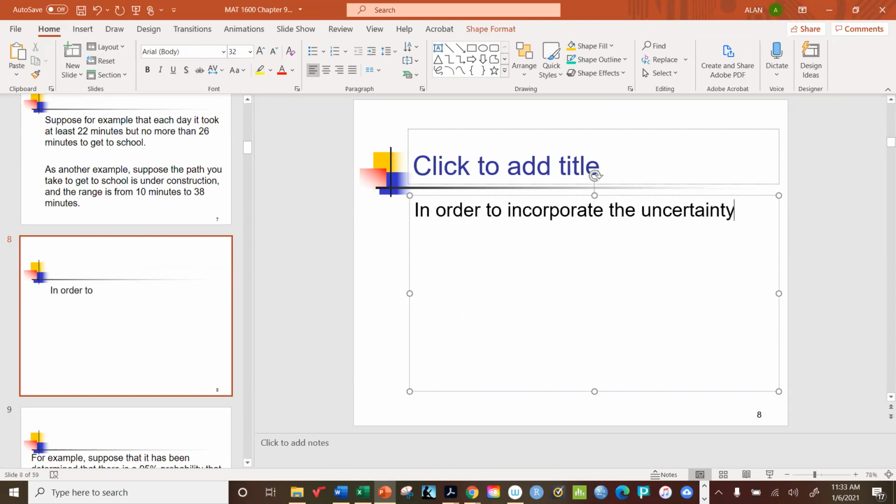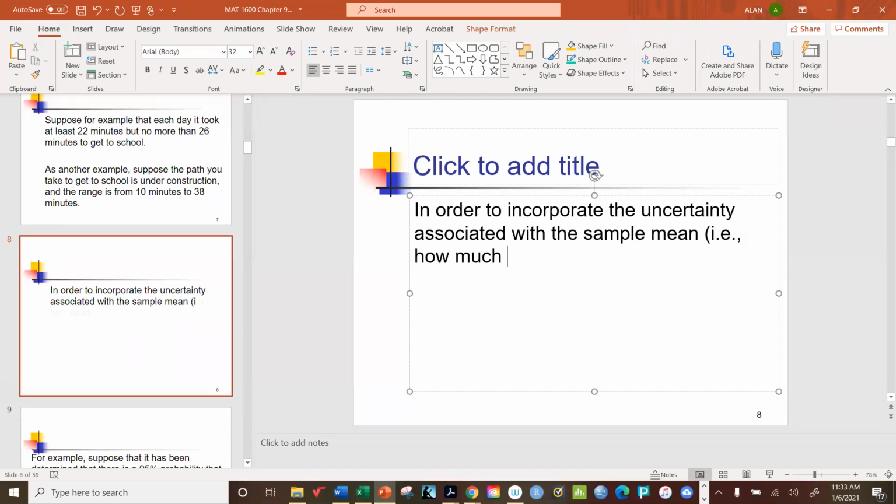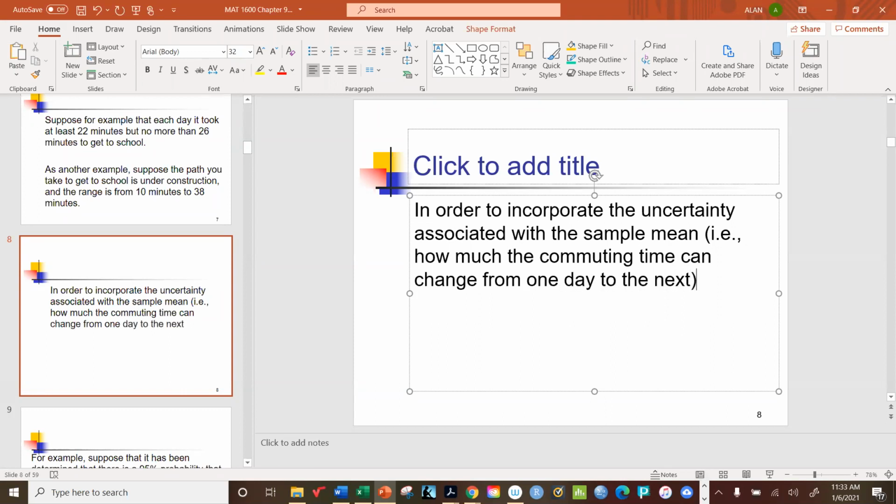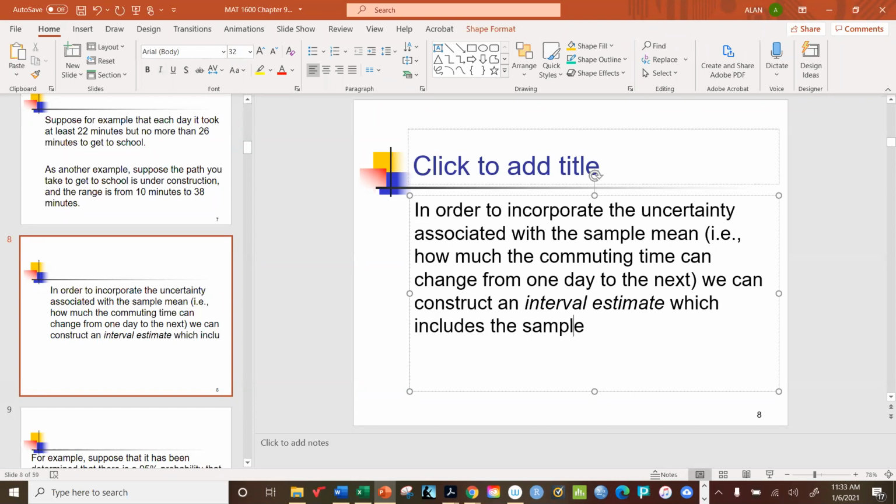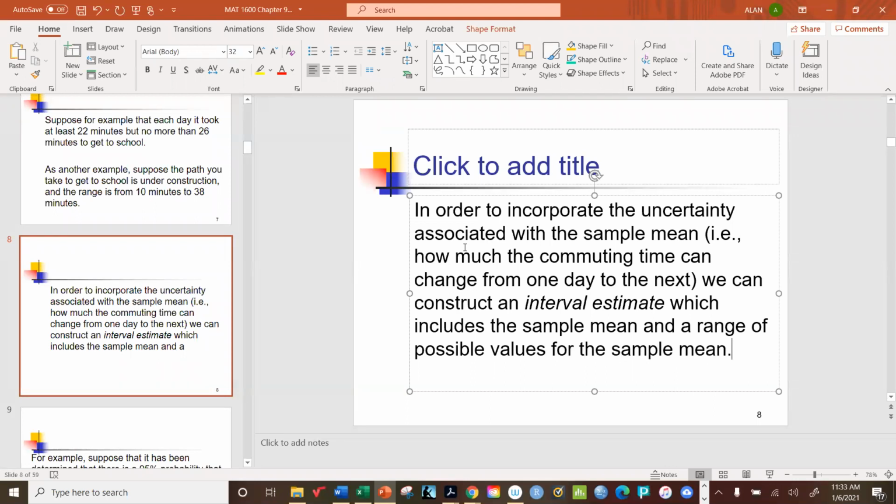So what we're going to do here, in order to incorporate the uncertainty associated with the sample mean, in other words, how much it can change from one sample to the next, or how much the commuting time can change from one day to the next, is construct what's called an interval estimate, which includes the sample mean and a range of possible values for it.